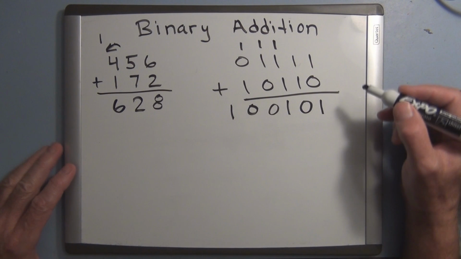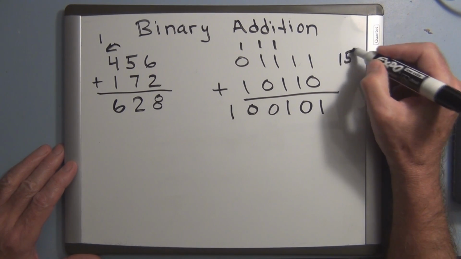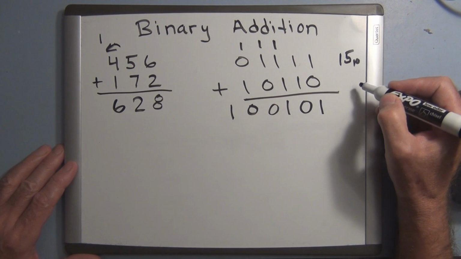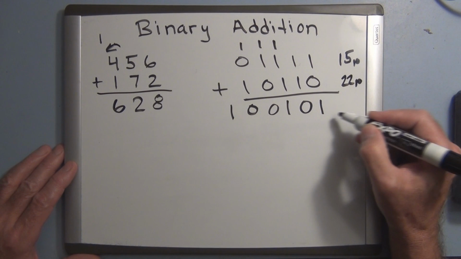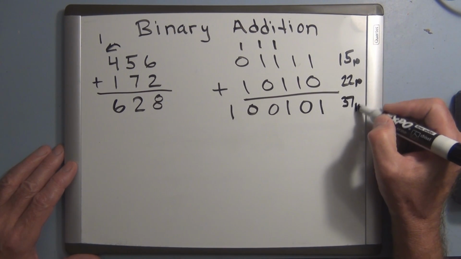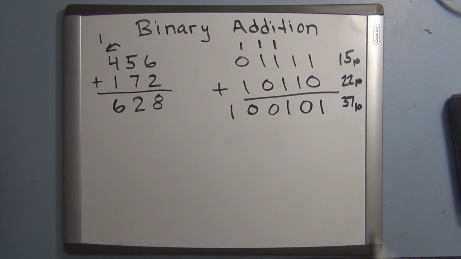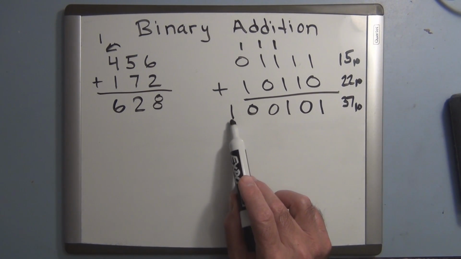So in fact, this here is equal to 15 in decimal. This is 22 in decimal. And this is equal to 37 in decimal. If you work this out, we have a 1 in this position here, which is 2 to the 5th.